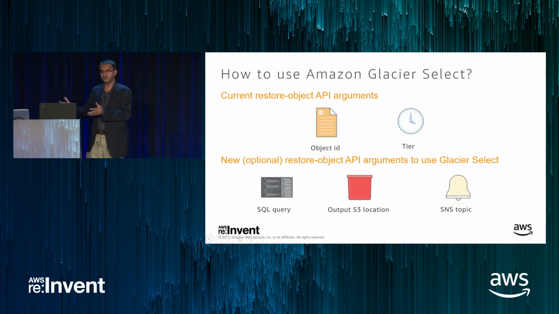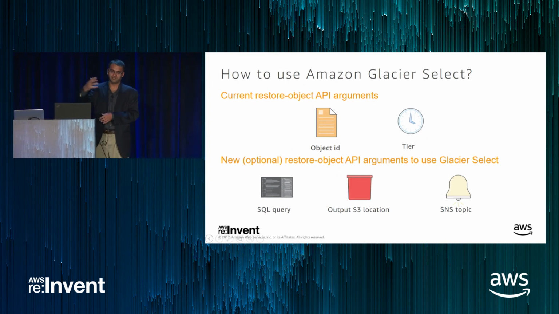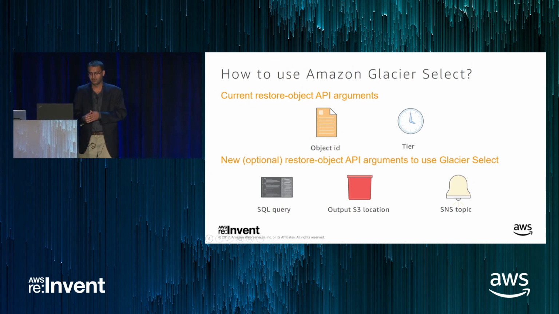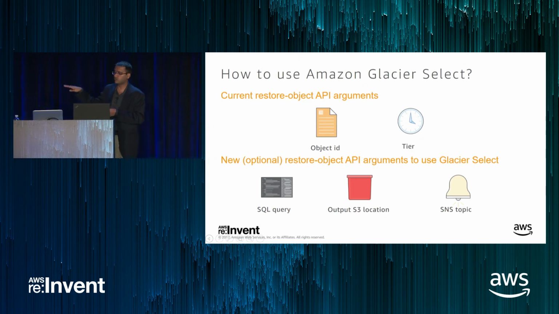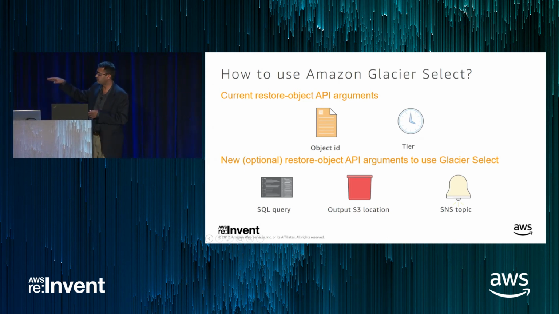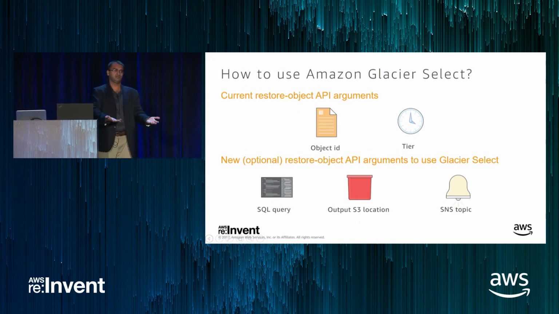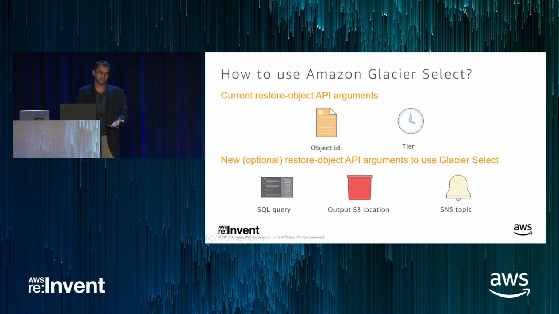With these 2 arguments, we can read the object in Glacier and give it back to you. For Glacier Select, we added 3 more optional arguments, shown at the bottom in the second row. If you do not provide these, it's a restore job. If you provide these, it's a Glacier Select job.